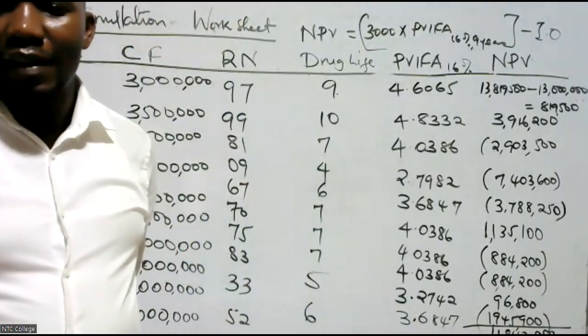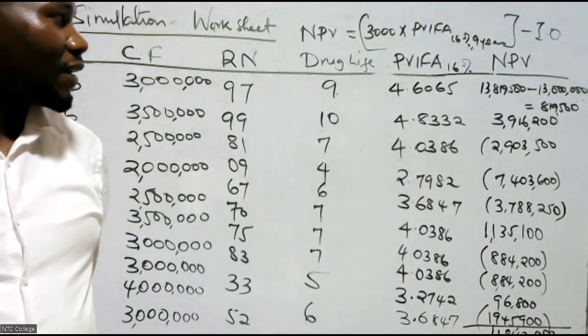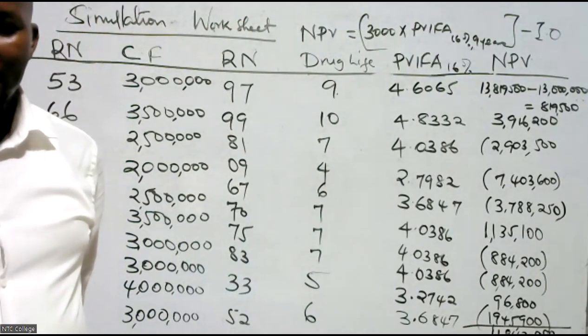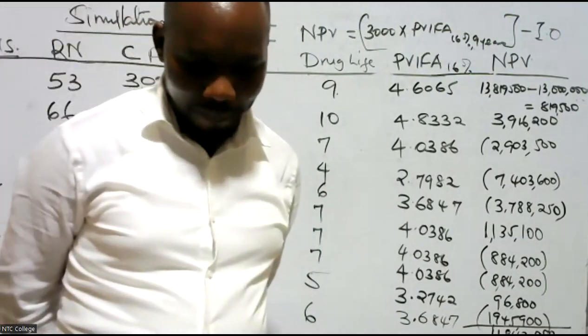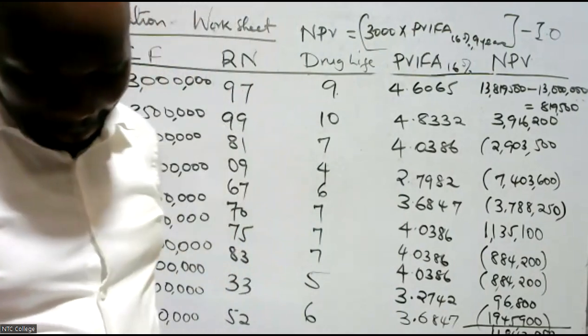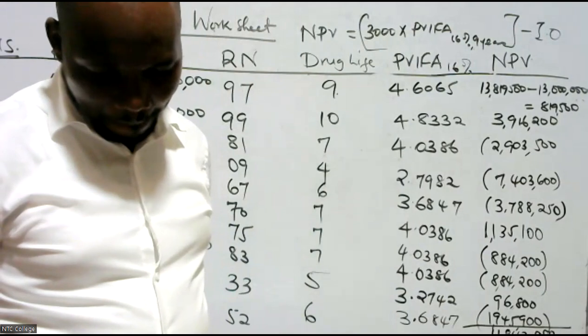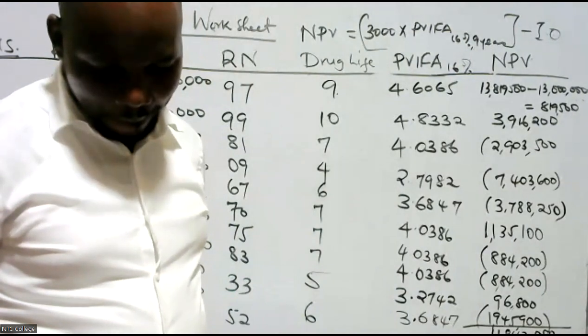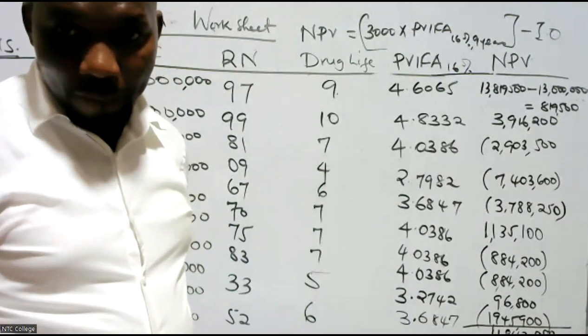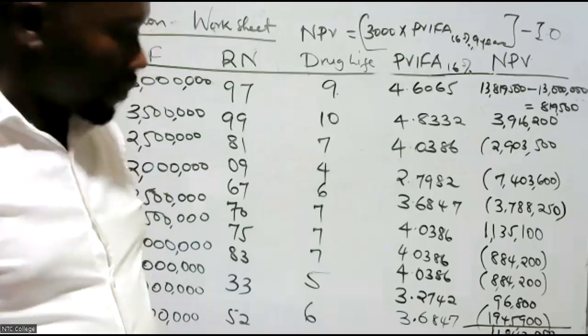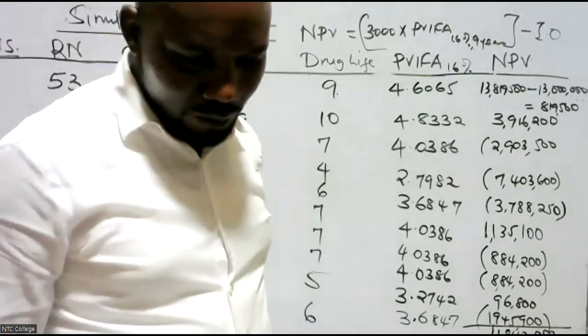Waziri anapata 10,952,100. It's about accuracy. What are we getting? Sisi wote tunapata hilo.